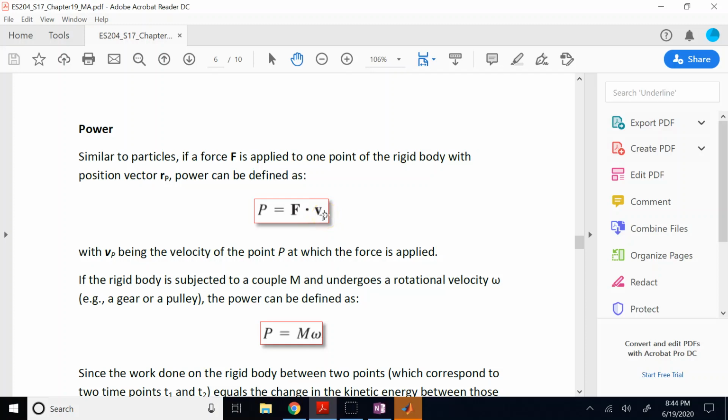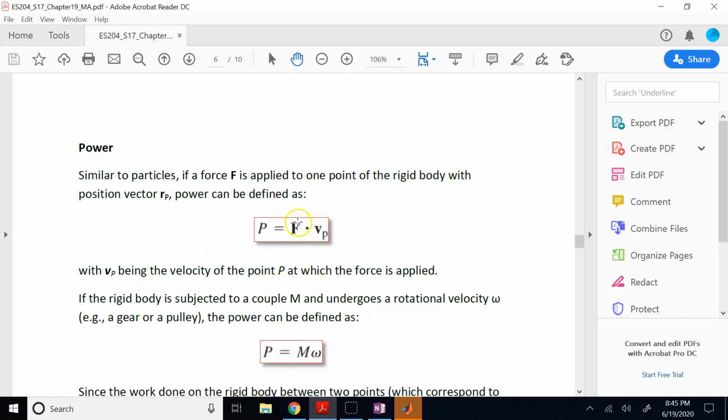Here, when we say V, we have to know V of which point, because different points on a rigid body have different velocities. Which point? It is the point at which this force F is applied. So power is the force dot the velocity at the point where force F is applied.